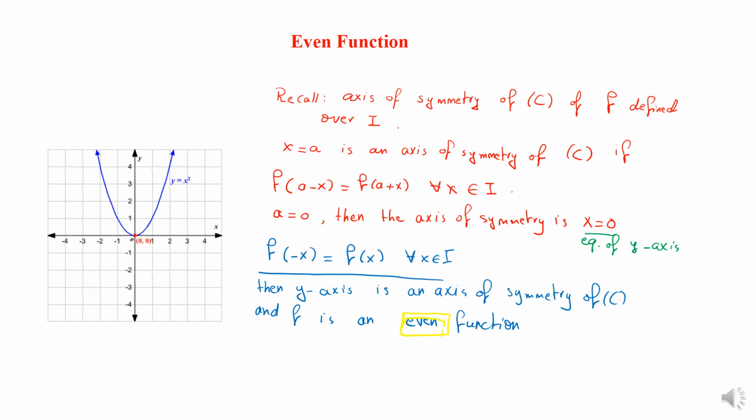Now the simplest example of an even function is f of x equals x squared. If f of x equals x squared, then f of minus x is equal to negative x all squared, which equals x squared, which is f of x, and so y equals x squared is an even function.